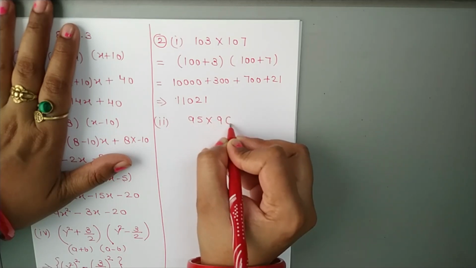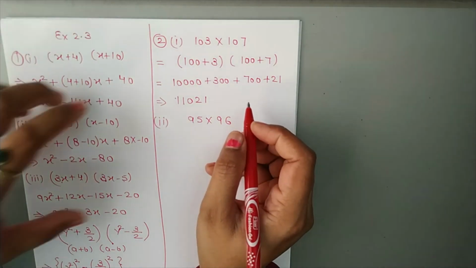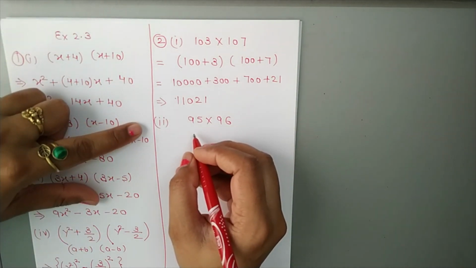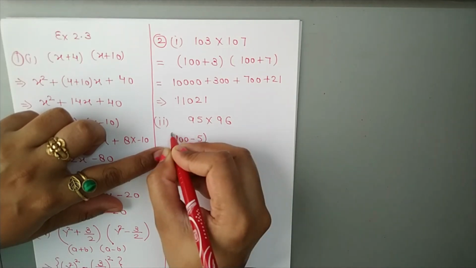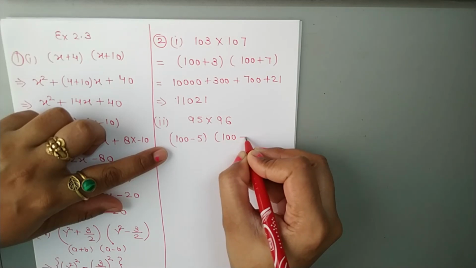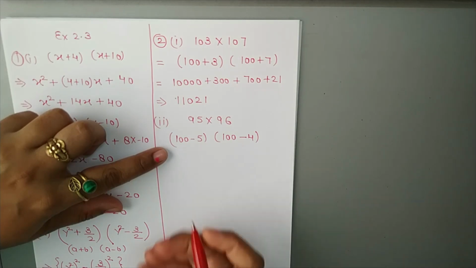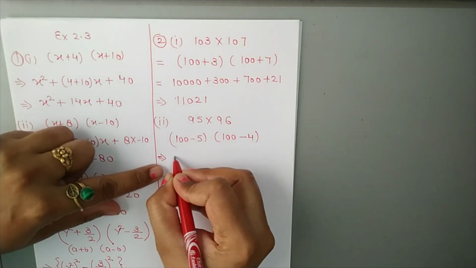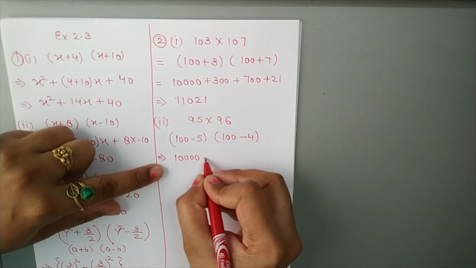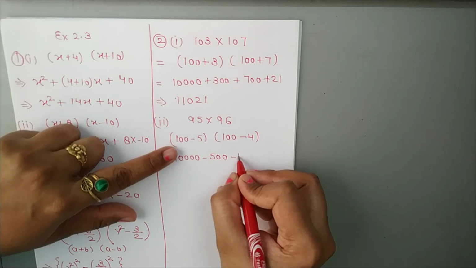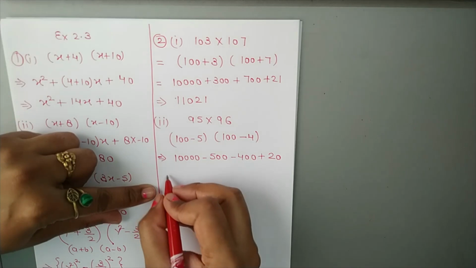Okay, second part, 95 into 96. In all these questions you have to write the identities. 95 into 96 can be written as (100 - 5)(100 - 4). Multiplying, this will become 10,000, then minus 500, then minus 400, then plus 20.